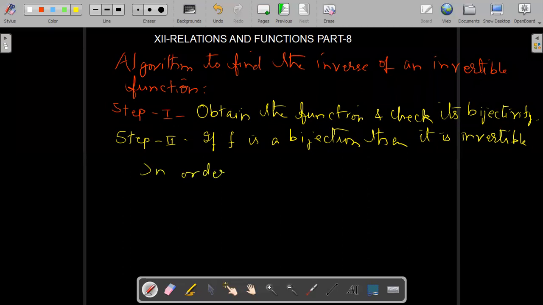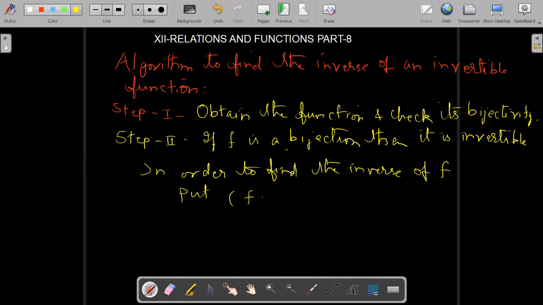In order to find f inverse, what we will do is put f composite f inverse of x equal to x.